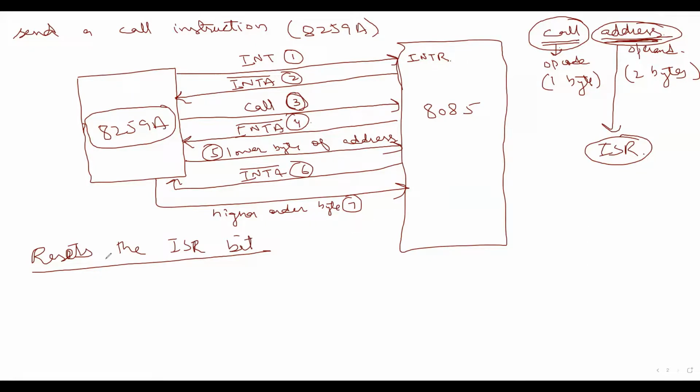Okay, so this reset can be done by two different methodologies. One is that it will automatically reset the bit after receiving this INTA. Or it can be reset by a command word, and this command word should be issued at the end of the service routine.